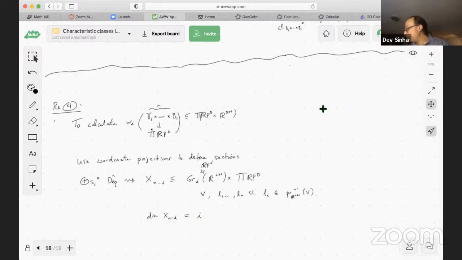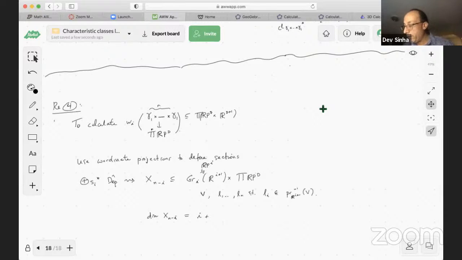And then I project onto those lines, and each of those lines sits in an R^(D-1), because V is codimension 1. That means its preimage is codimension 1. So each of those lines sits in a codimension 1 space.